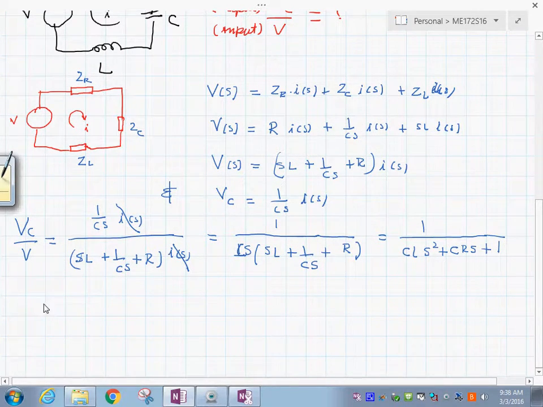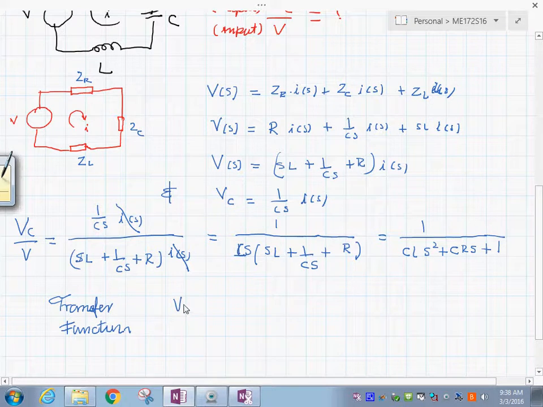And no matter what method I use, I should be able to obtain this transfer function. Now, let's say we complicate the circuit and advance to a 2-loop circuit.